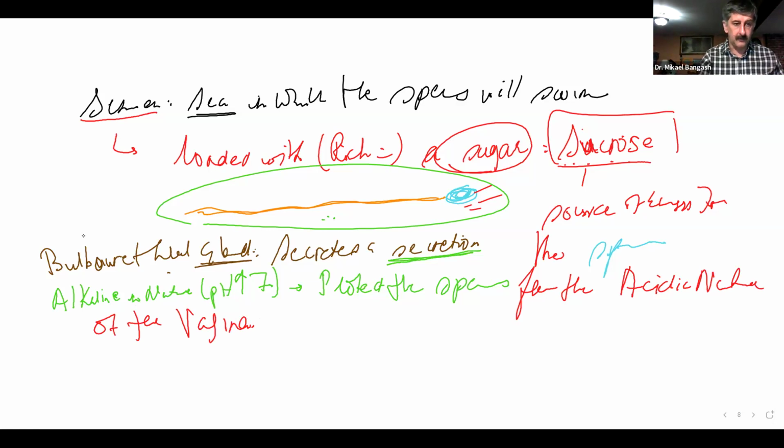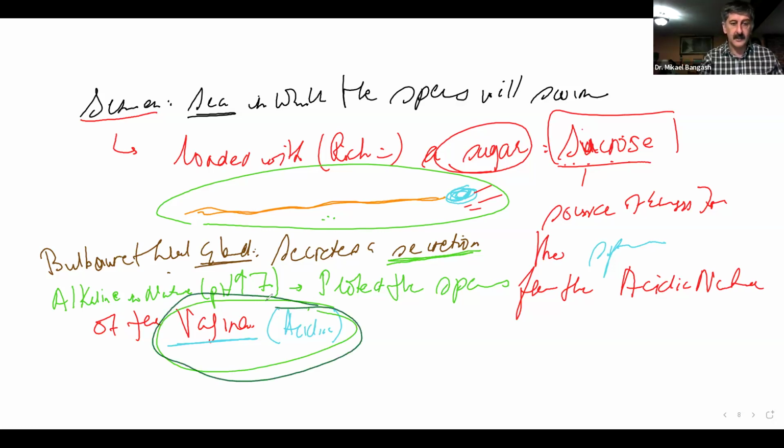So what we mainly mean to say here is that the pH of the vagina is acidic. What this acidic environment of the vagina may do is destroy the sperms.